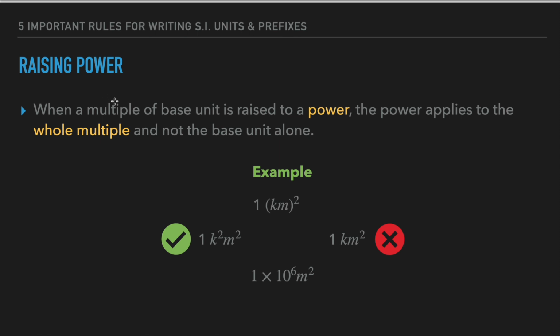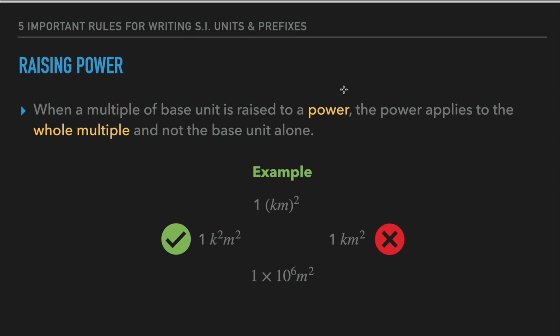When a multiple of a base unit is raised to a power, the power applies to the whole multiple and not the base unit alone. This statement is kind of tricky, but I'll explain it as simply as possible: when any base unit is raised to a power, the power doesn't only apply to the base unit alone.